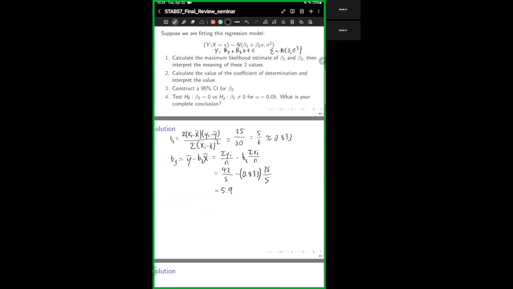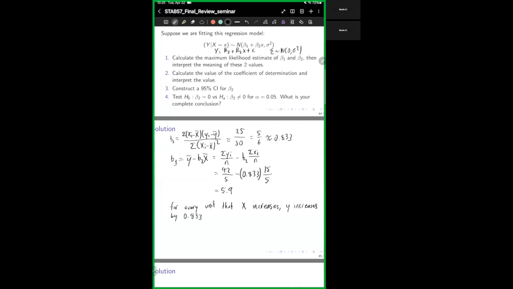Then to interpret this, we can say that for every unit that x increases, y increases by 0.833.